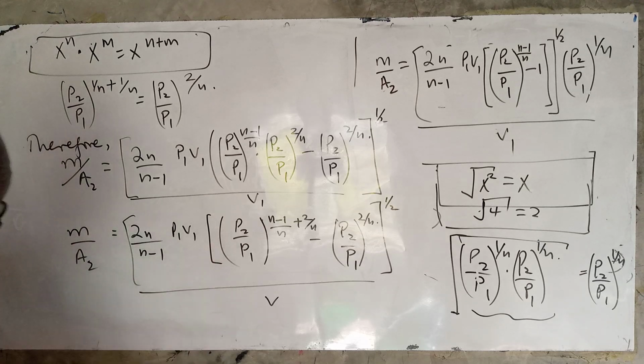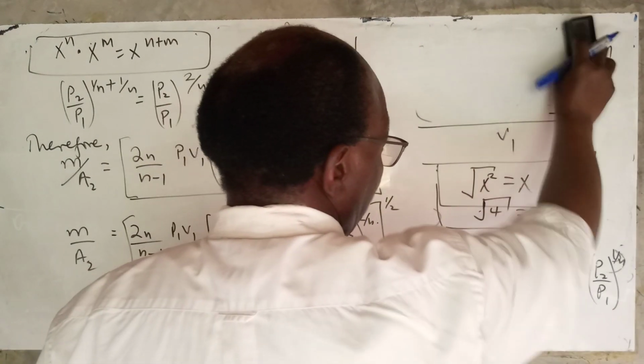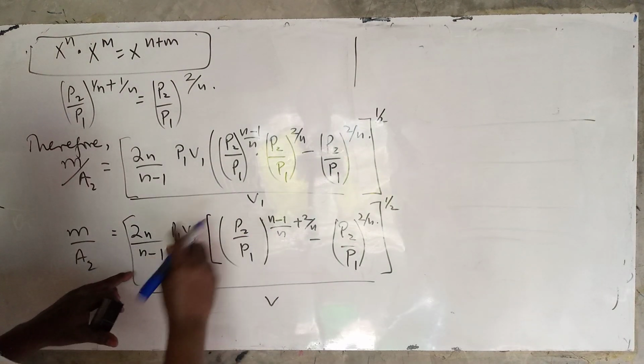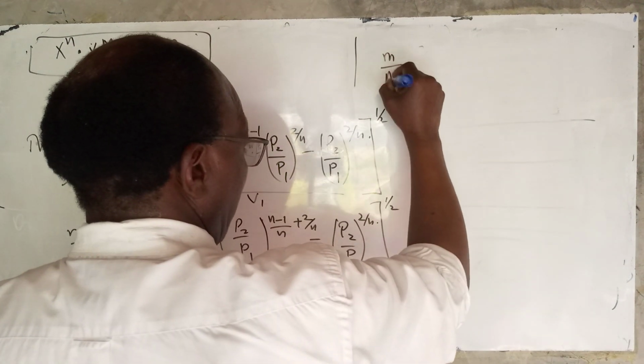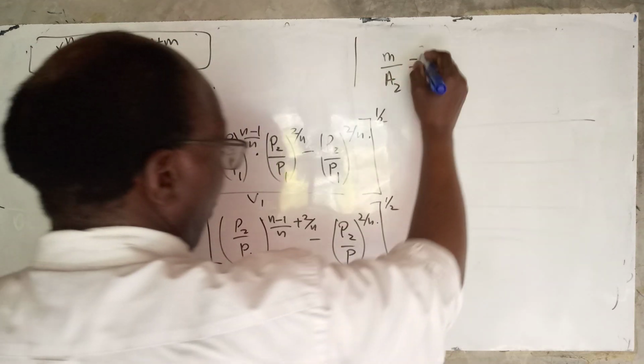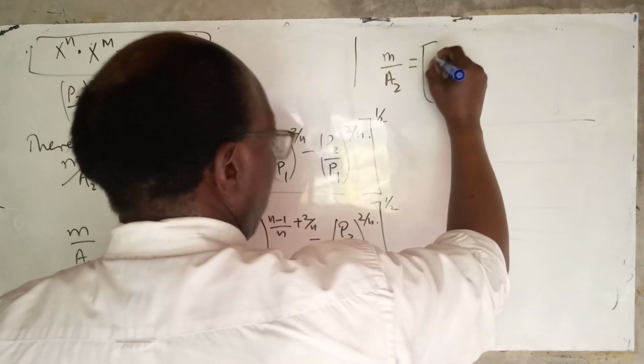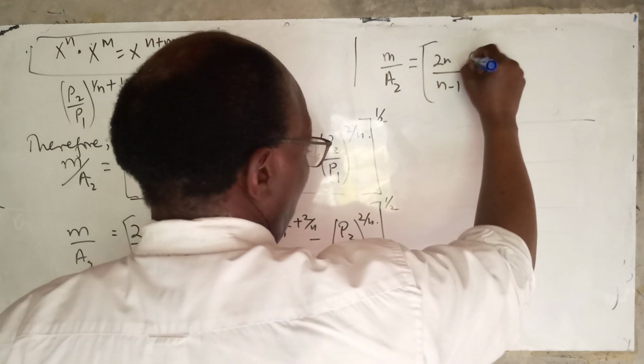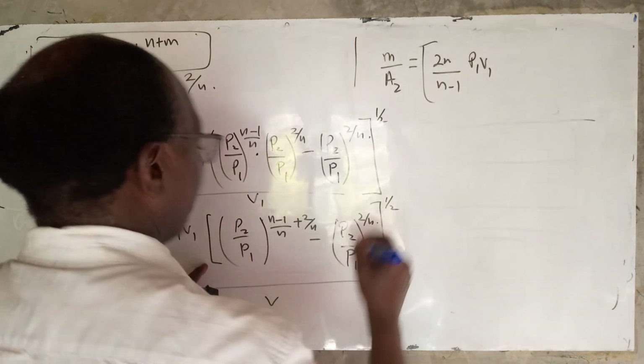You can clearly see now it's easy to solve that particular problem, much easier. So what do we have here? We have m over A2, that's the mass flow rate per unit area.